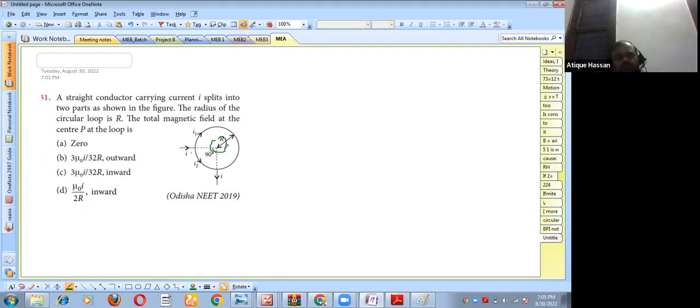The question here is that the current is split at this point. Current is split in two parts.